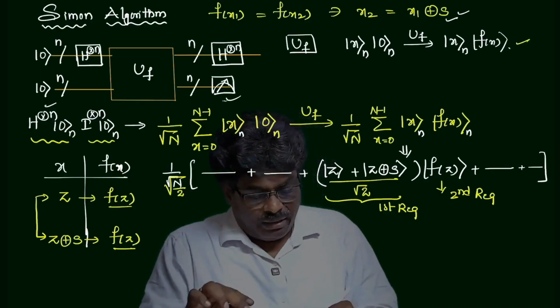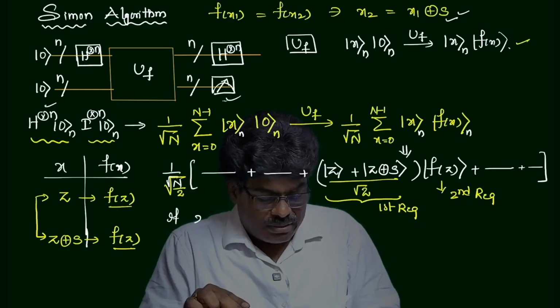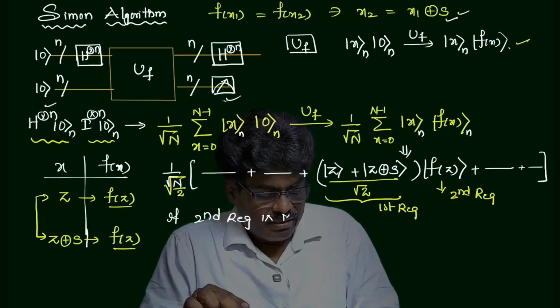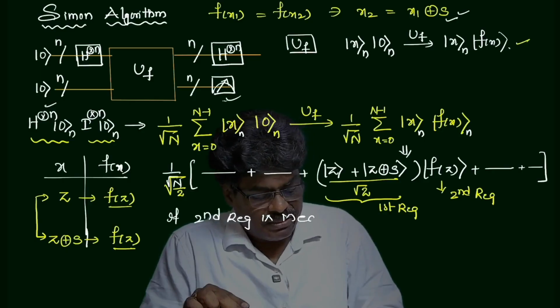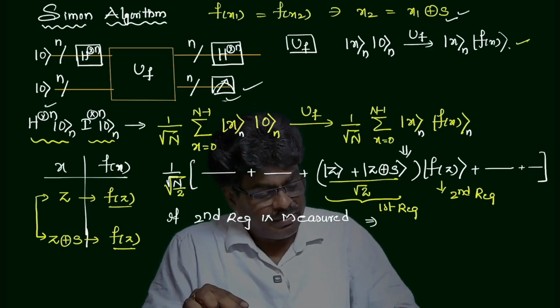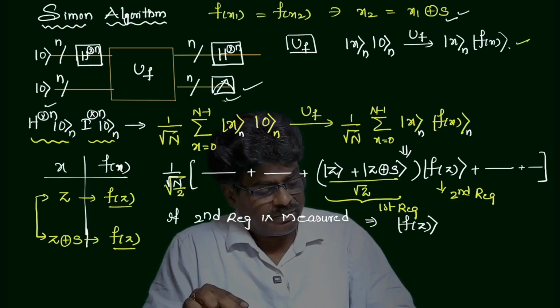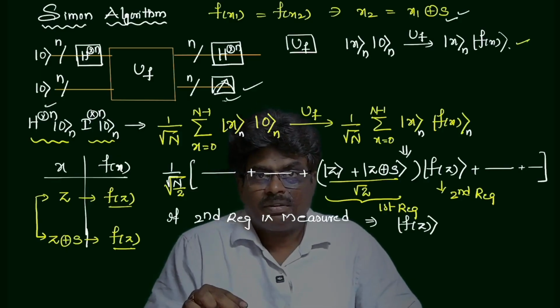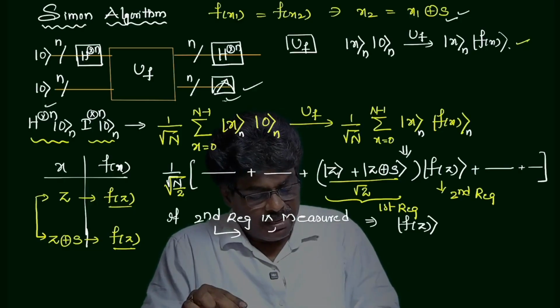Fine. Now let us suppose the second register is measured. Once the second register is measured, what will I find? Let us suppose it is f of z. The second register is nothing but f of z.